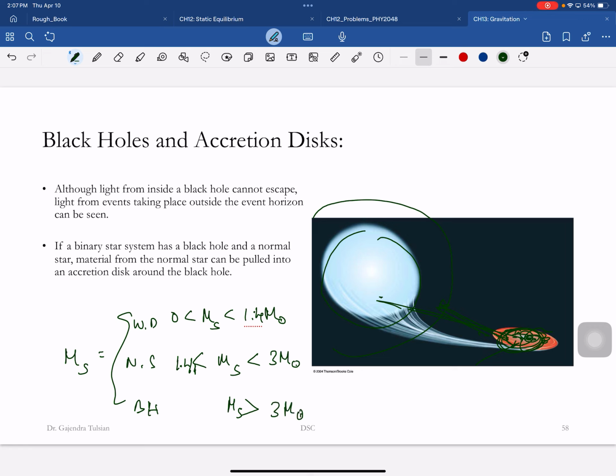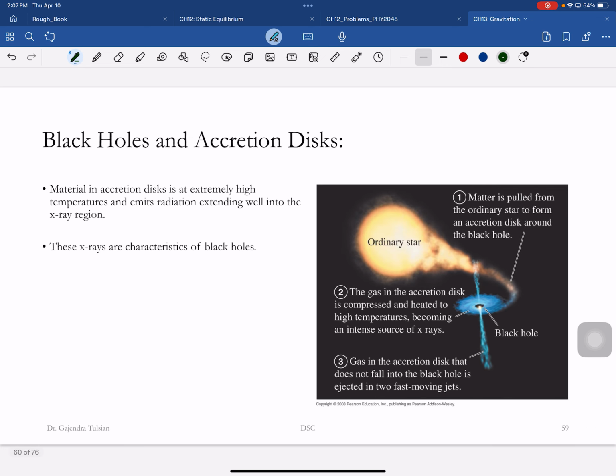Okay. And so if this is a white dwarf and this stuff falls in, and when the mass gets to be more than 1.4 solar mass, you'll have a supernova explosion. Okay. So here's an accretion disk around a black hole, and some of this material can escape along the jets.